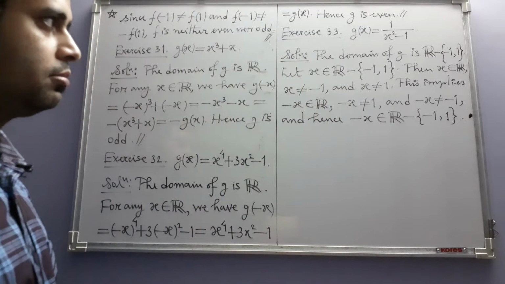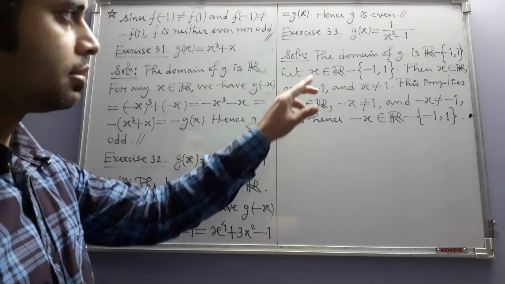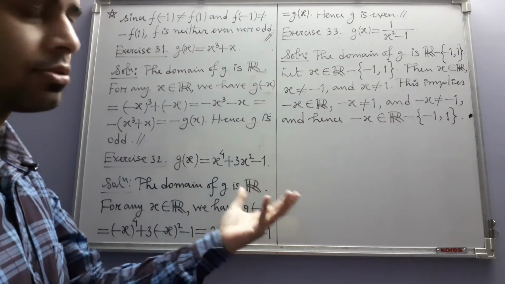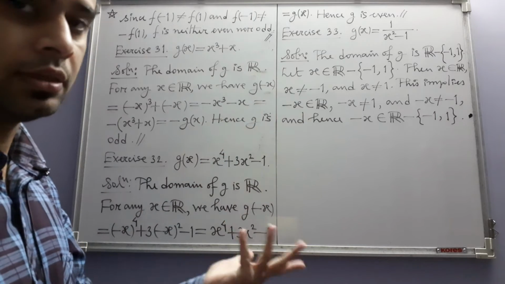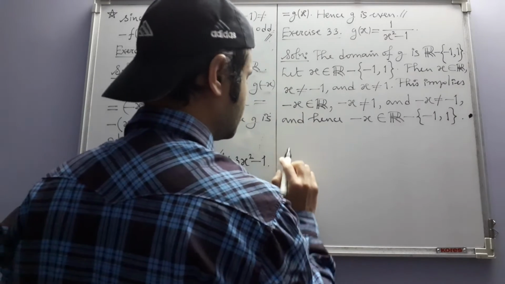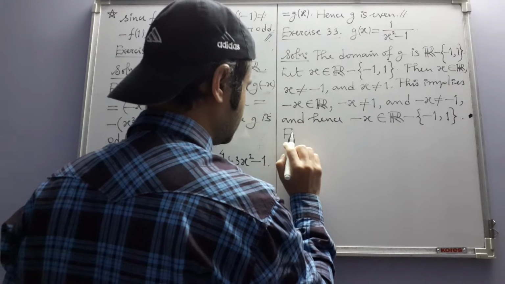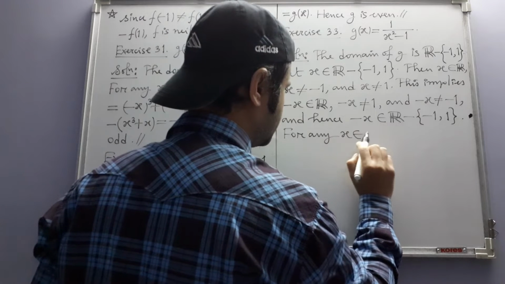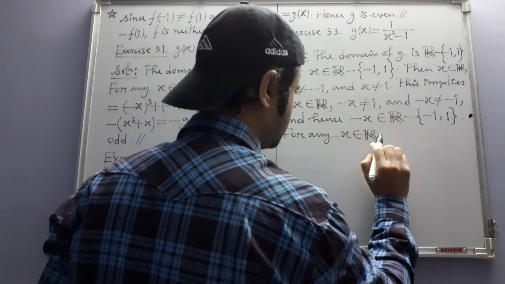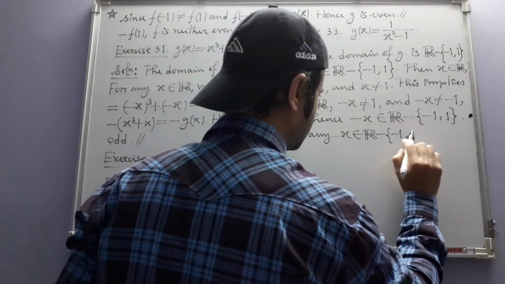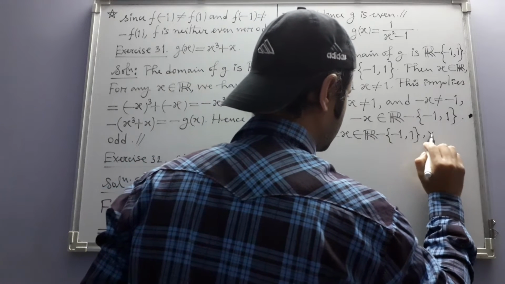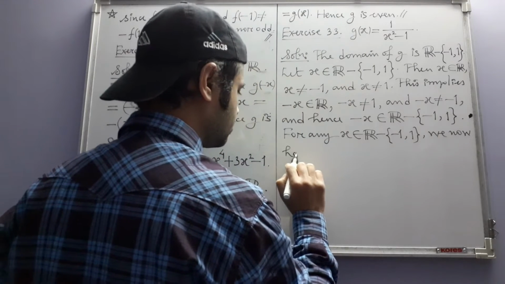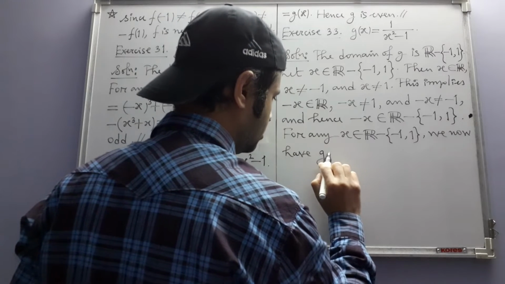Now after ascertaining that for every x in this set minus x is also in the set, now it makes sense to ask whether G is even or odd. For any x belonging to this set, we now have G of minus x.